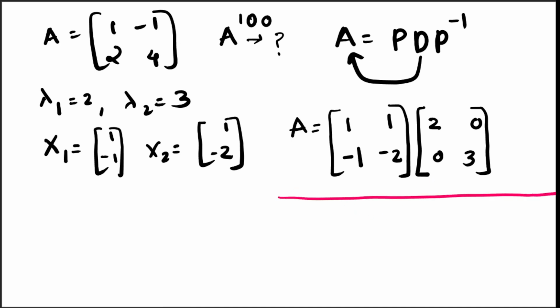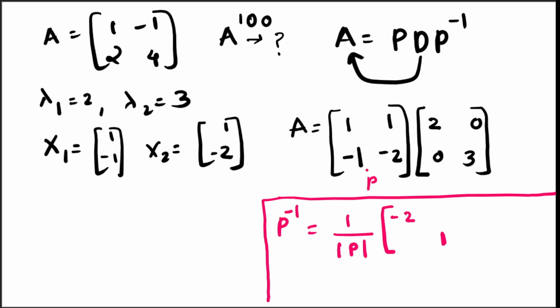There is a trick to find the inverse of a 2 by 2 matrix. We multiply the reciprocal of the determinant of the matrix by the matrix in which we interchange the diagonal elements, 1 and minus 2, and change the sign of the off-diagonal elements. The determinant of P is minus 2 plus 1, which is minus 1.